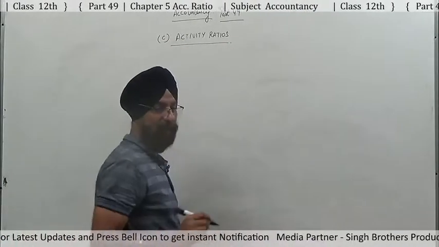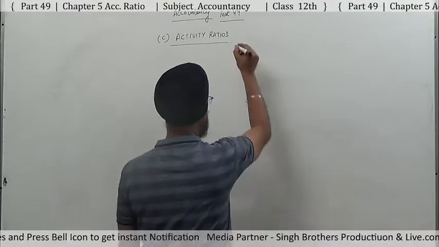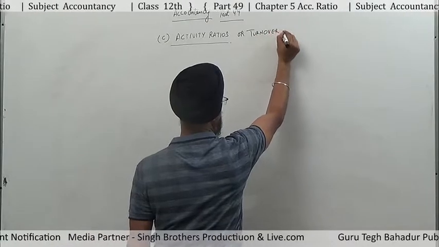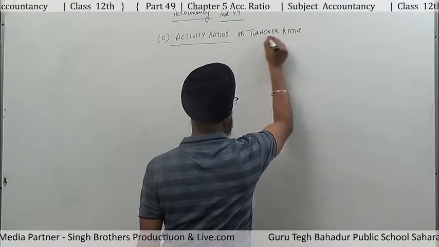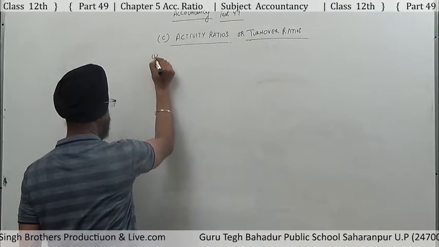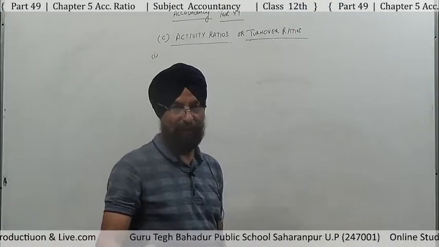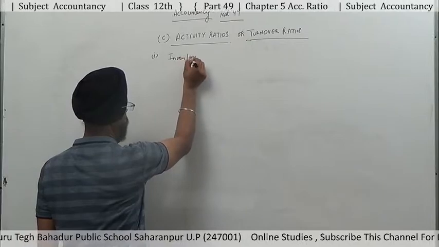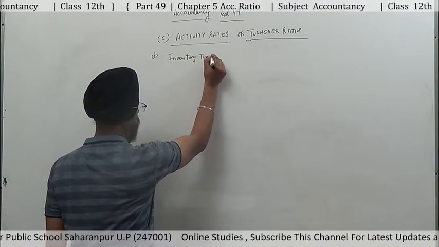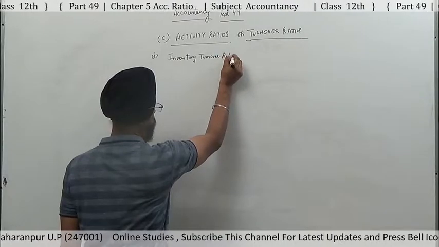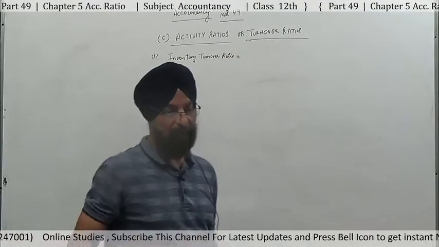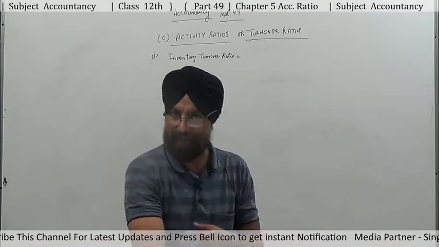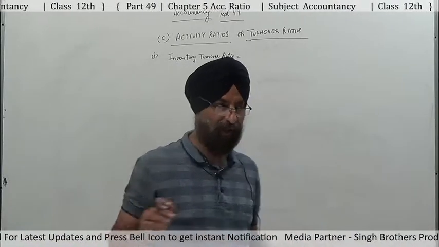This activity ratio, or turnover ratio, in this, our first ratio is inventory turnover ratio. Inventory turnover ratio equals cost of revenue from operation, or cost of goods sold, upon average inventory.